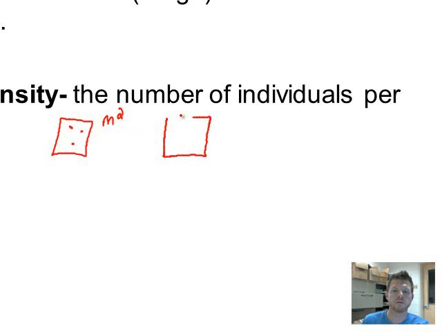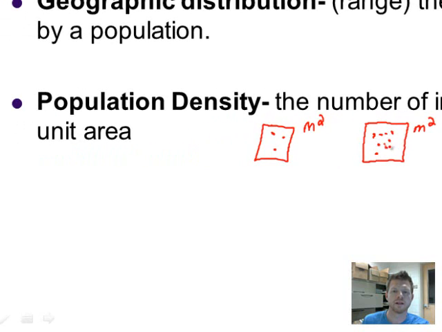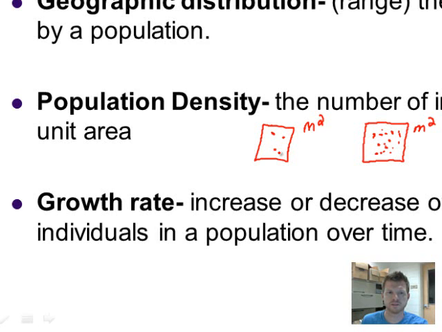Another yard, the neighbor's yard, they don't treat their yard with herbicide, and we measure over there, and they have a whole bunch of dandelions, maybe 20 per meter squared. So this is high density, and this would be lower density. The density can really determine the amount of resources there are in an area and how much competition there is for those particular resources.